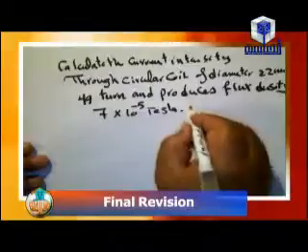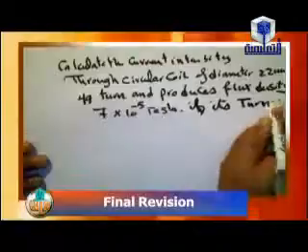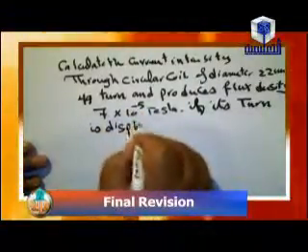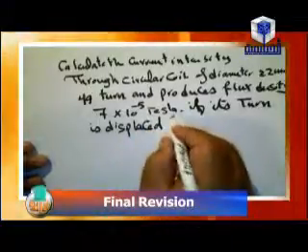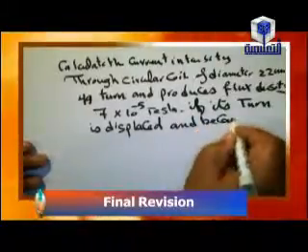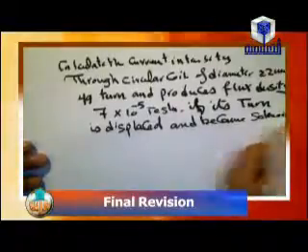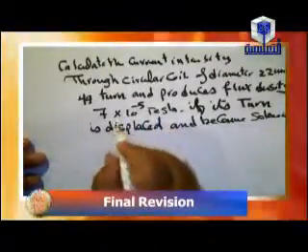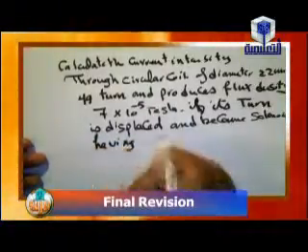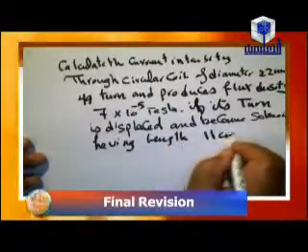If its turns are displaced uniformly and become a solenoid, the circular coil becomes a solenoid having length 11 centimeter.